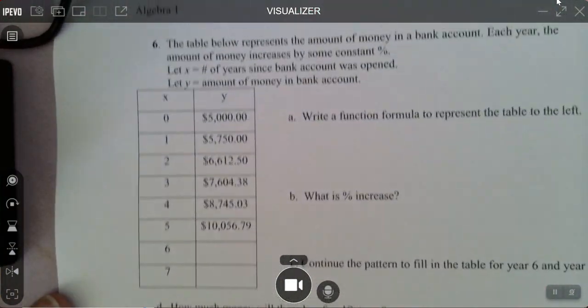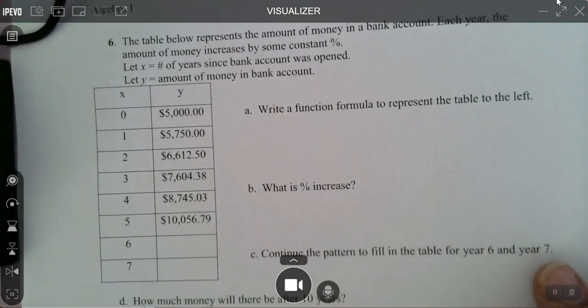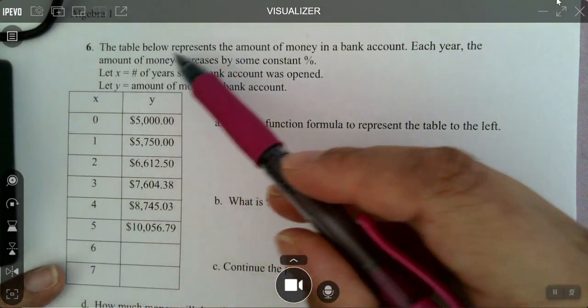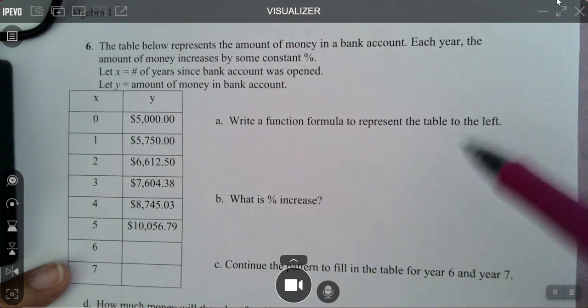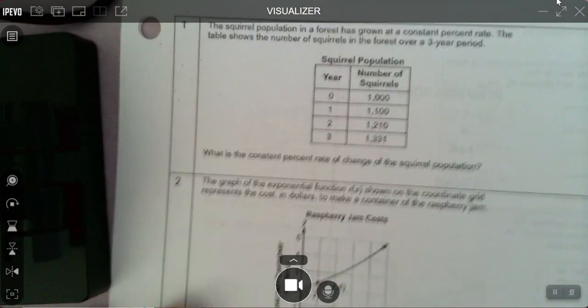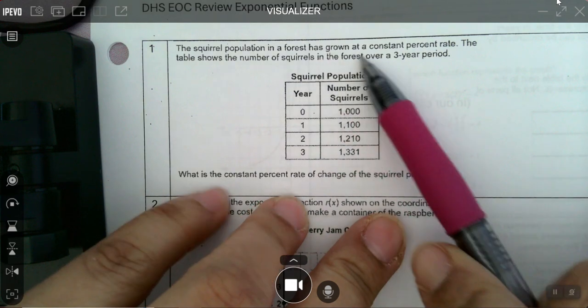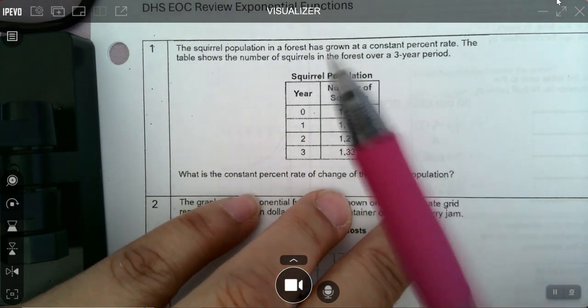All right, more. So do you think we're reviewing exponential functions? All right, the table below represents, we'll leave this one. Let's look at the other packet. All right, the squirrel population in the forest has grown at a constant percent rate.